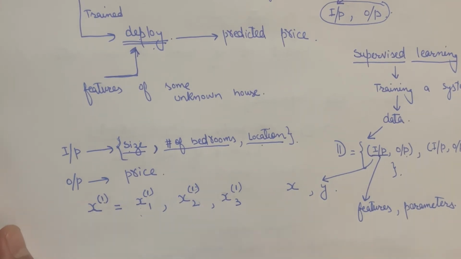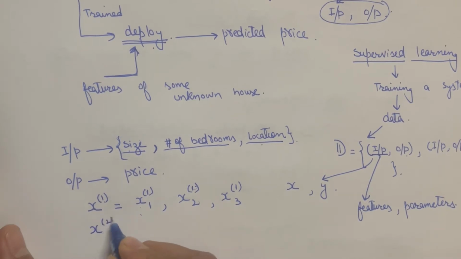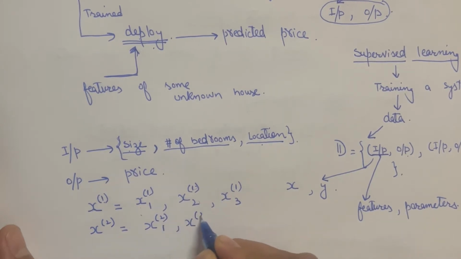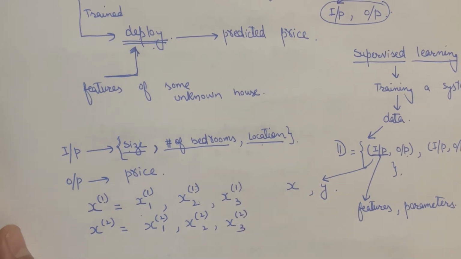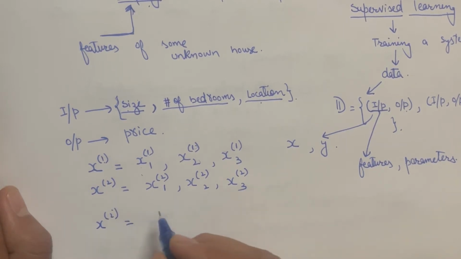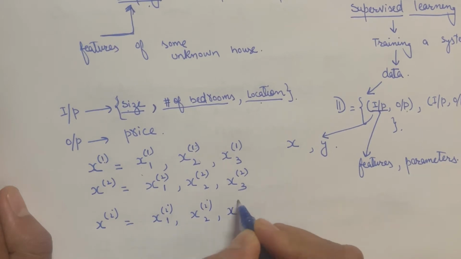Likewise, we will have multiple such data points. Let's suppose another data point will be x21, x22, and x23. And if I have the ith data point, its different features will be xi1, xi2, and xi3.